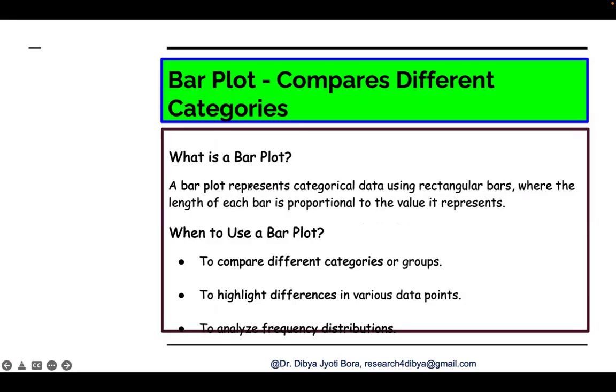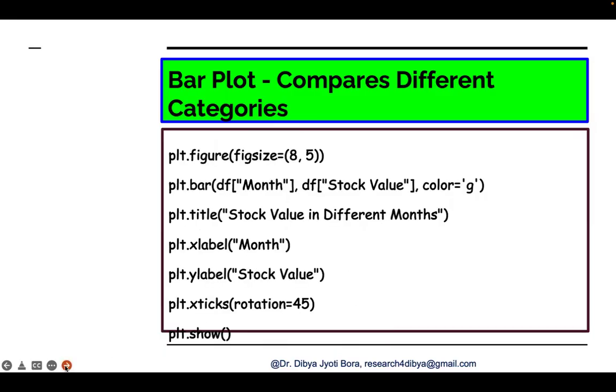For comparing different categories, to compare different groups, to highlight the differences in various data points, and to analyze the frequency distribution. तो basically हम bar plot comparison के लिए use करते हैं.